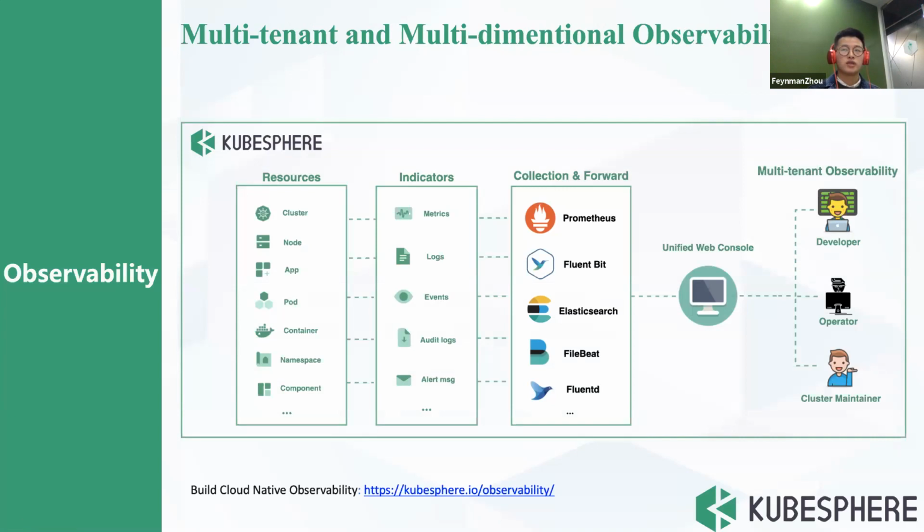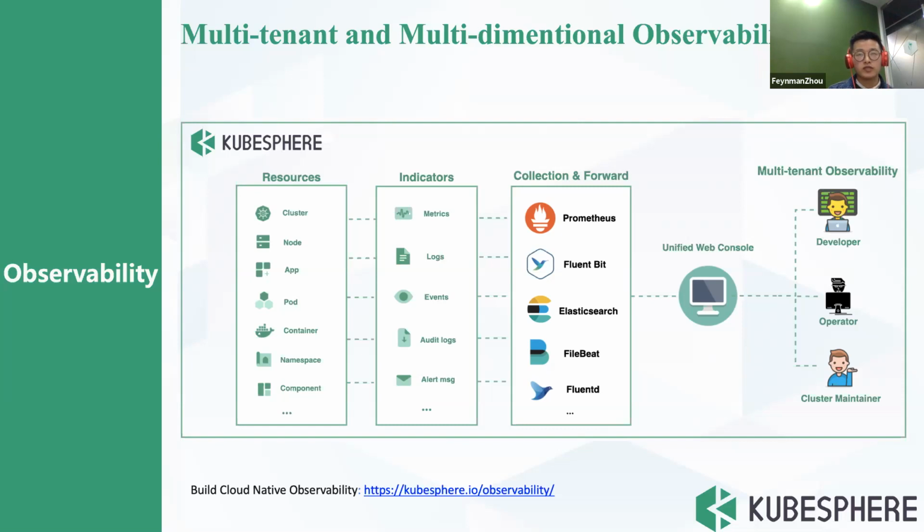Observability is the most popular feature in KubeSphere, and most community users choose KubeSphere because they want to retrieve abundant indicators and different data sources, such as metrics, logs, events, auditing logs, and alert messages from any kind of Kubernetes resources.